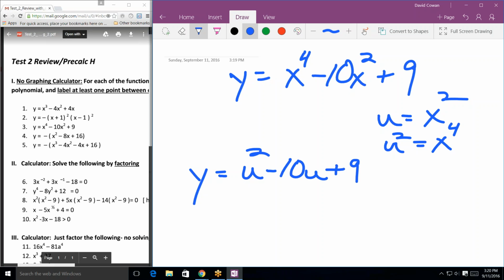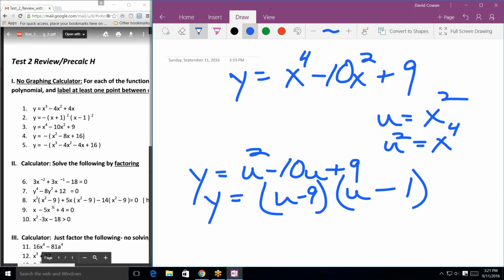Can you factor that? Yeah. Into what? X minus 9, x minus... Let's stay with u for the moment. U minus 9, u minus 1. Now go back and substitute for u. What is u?